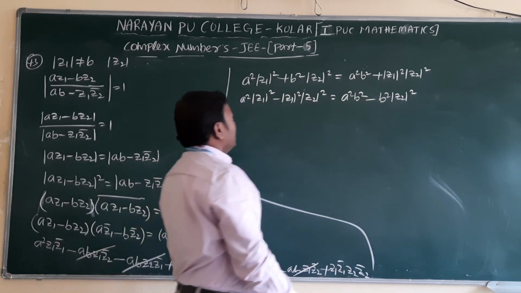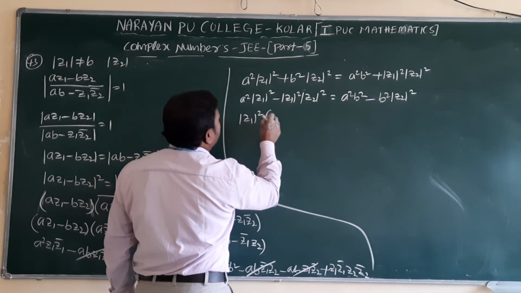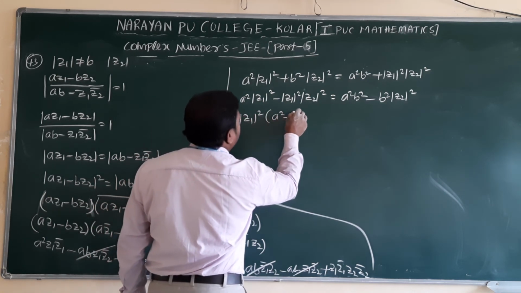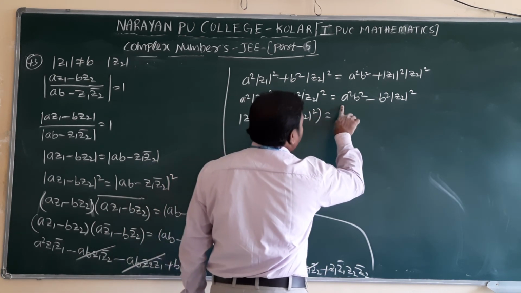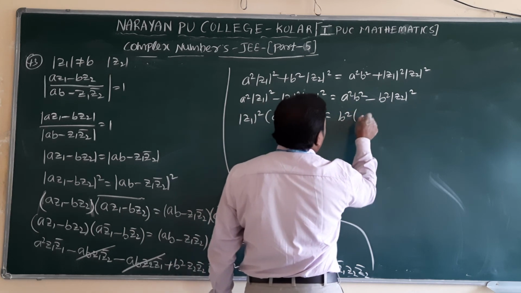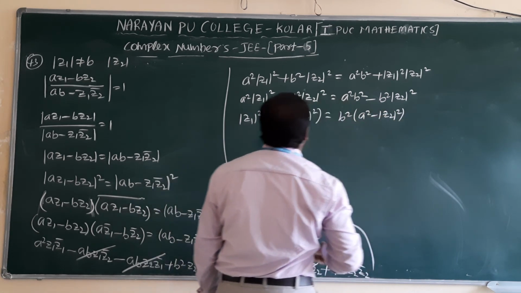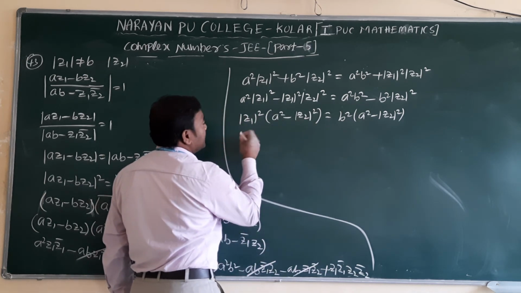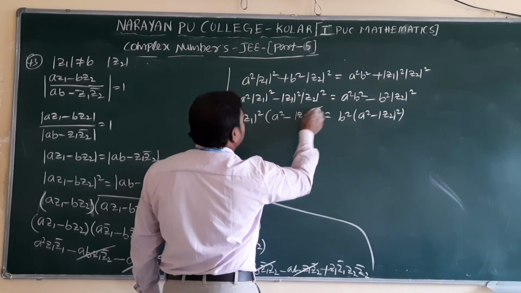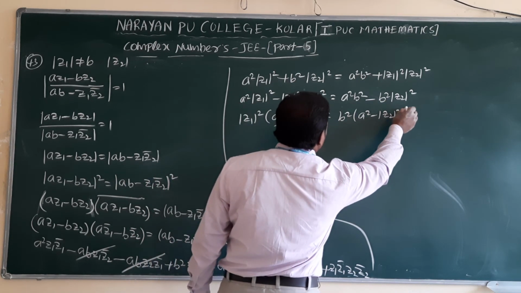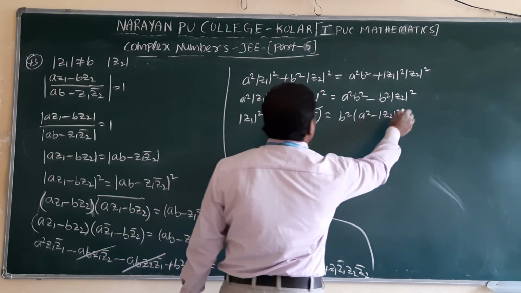Now what are the common terms here? Modulus of z1 whole squared we take common, remaining a squared minus modulus of z2 whole squared, is equal to, here we take common b squared, remaining a squared minus modulus of z2 whole squared. Now take this side, what we get? The common term gets cancelled.